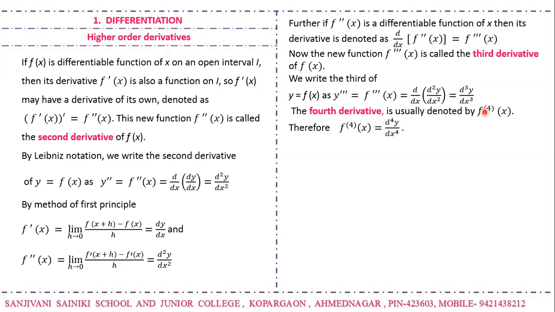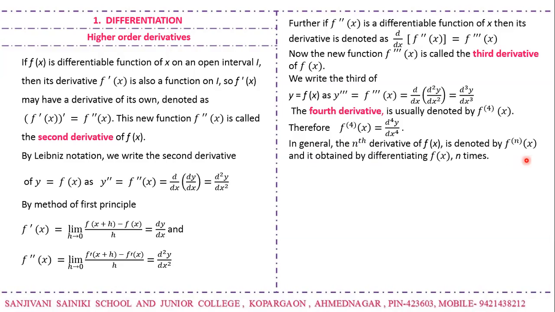Similarly, the fourth order derivative is f raised to 4 of x, or d4y by dx raised to 4. So in general, if we generalize this concept, the nth order derivative is denoted by f raised to n of x, or y raised to n, or simply d raised to n y by dx raised to n.